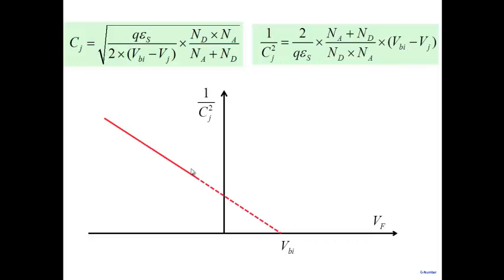And the slope will give you this part here, 2 by q epsilon_s, Na, Nd, and Na plus Nd. 2 by q epsilon_s, of course, you know. So therefore, you are able to determine this particular part here: Na plus Nd divided by Na Nd. Many times, what we do is we make a diode which is P plus N. And when we make P plus N, Na becomes very large. So Na cancels here, and this term is practically equal to Nd.